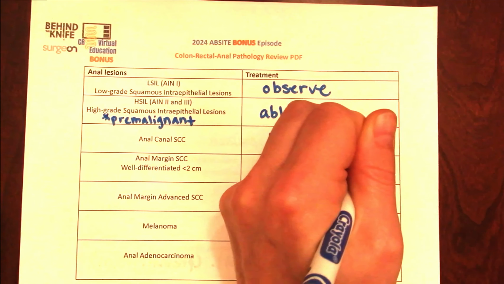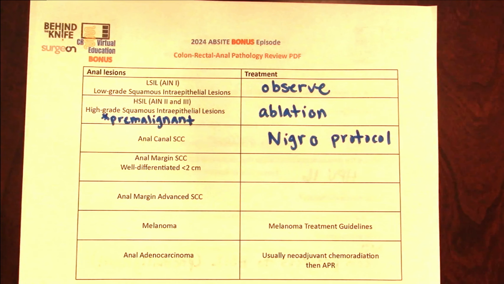Okay. And what if the patient has a squamous cell carcinoma of the anal margin, also known as the perianal skin? What do you do for those patients? Yeah, so it depends on whether the lesion is well differentiated and the size.